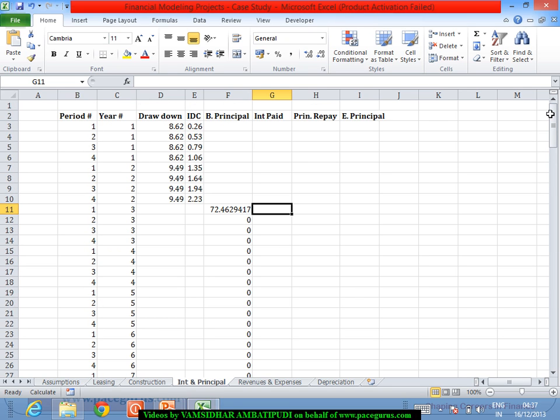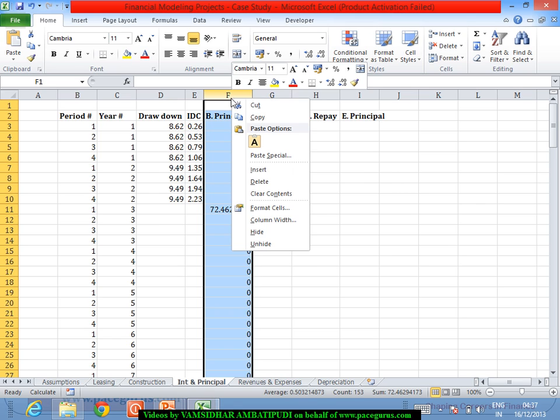So I have to make sure that this part is applicable only up to the 15th year. So we have to really differentiate the drawdown period, the repayment period, all these kind of things. We have to really differentiate.